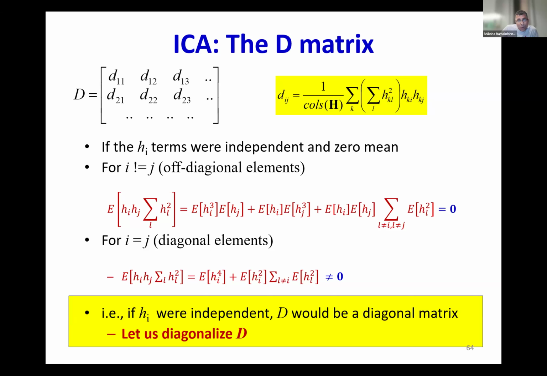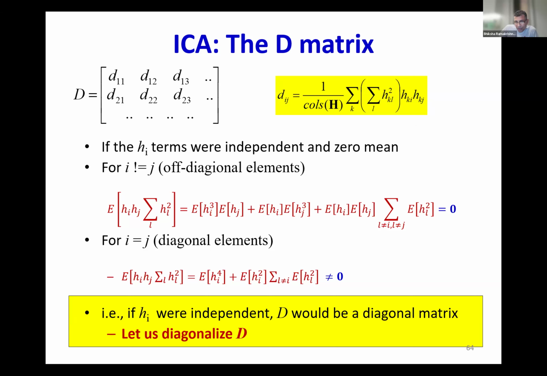So if I define my D matrix for H in this manner, then we know that if the components of H are statistically independent, then this D matrix is going to be diagonal, correct? Everybody see that?